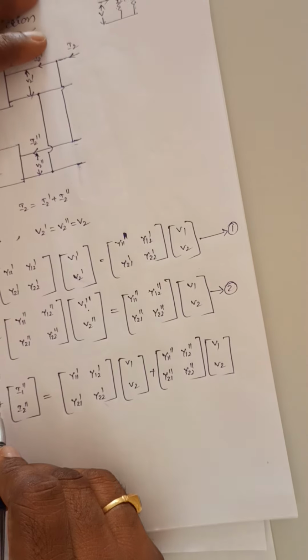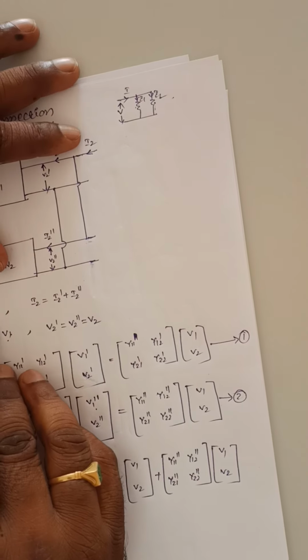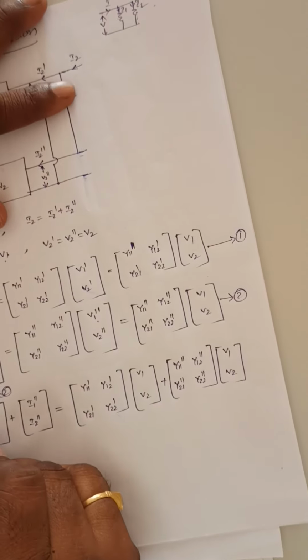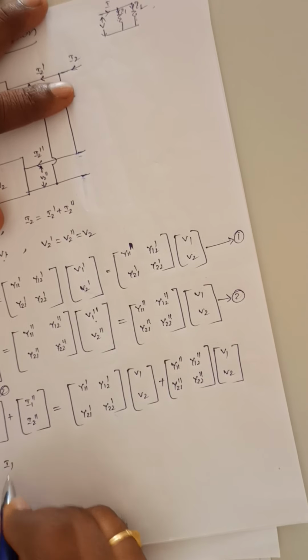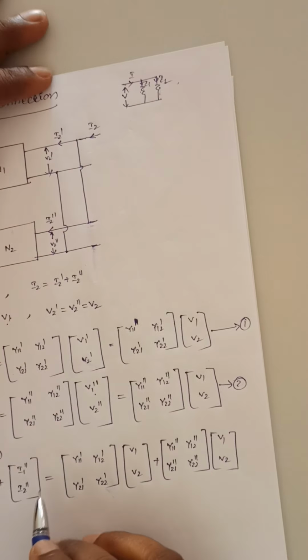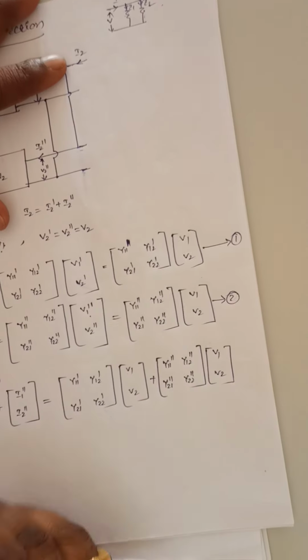Okay, you know that I1 dash plus I1 double dash is equal to I1. So here I will write I1, and I2 dash plus I2 double dash is equal to I2.